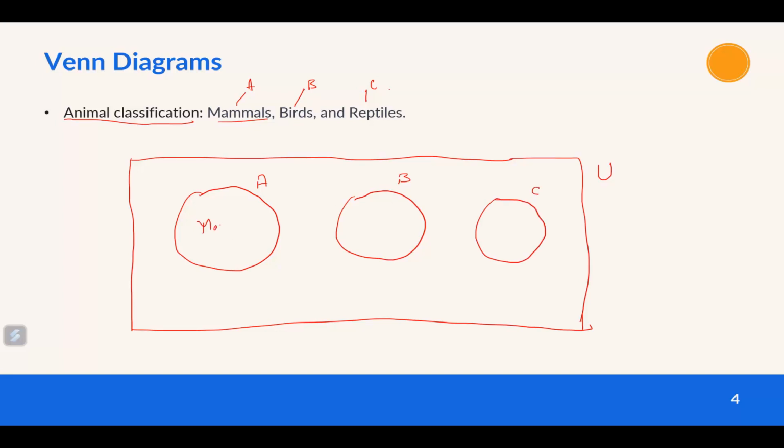You see there is no overlap between mammals, birds, or reptiles, because these are three different classifications of animals on Earth. So this is the Venn diagram representing the universal set as animals on Earth, and the sets are the set of mammals, the set of birds, and the set of reptiles.